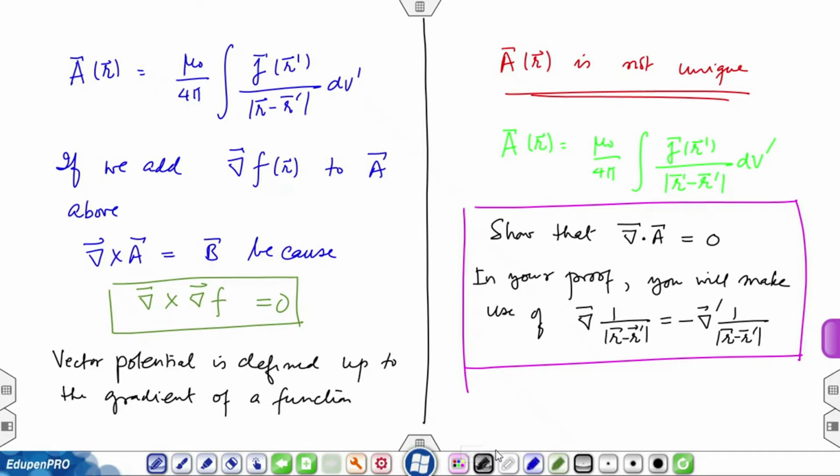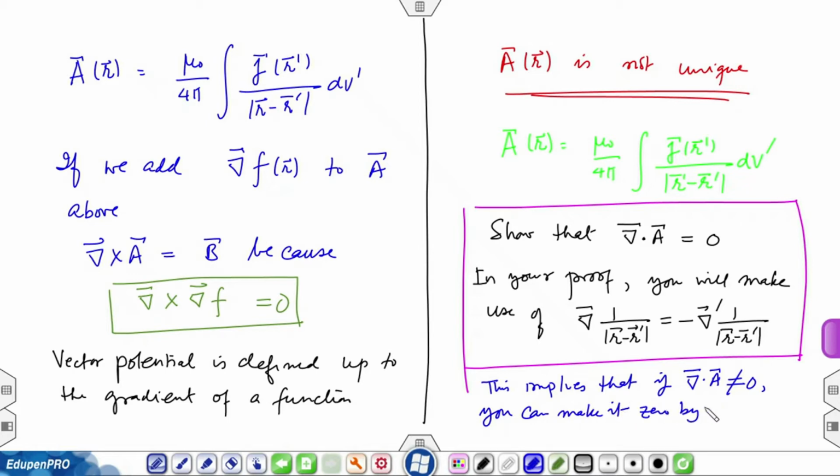This implies that if divergence of some A that you have calculated is not equal to 0, you can make it 0 by adding grad f to it. How so? Let us check that.